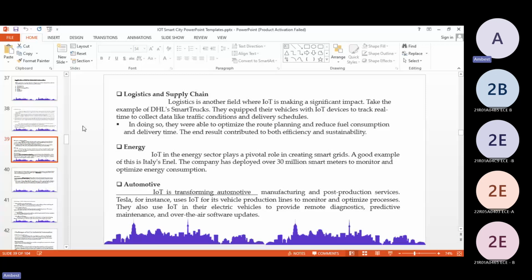The advantages of the smart grid are lower billing cost, increased dependability and better service reliability.